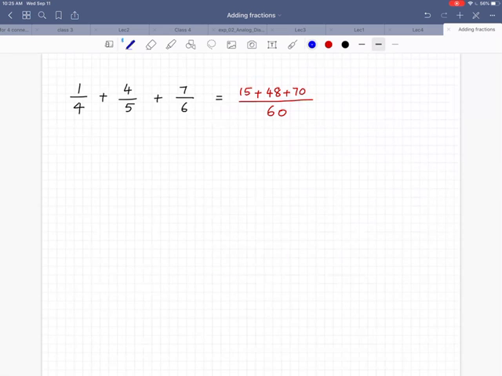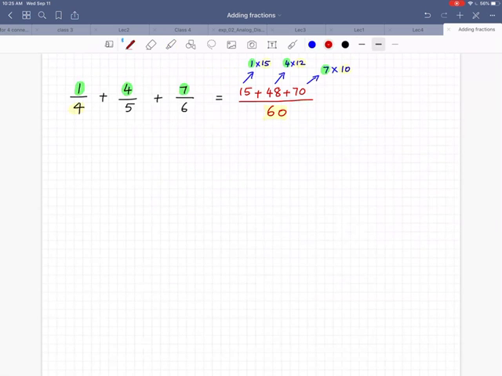And again, I got these numbers by multiplying 1 and 15, 4 and 12, and 7 and 10. I got 1, 4, and 7 because of these numerators, and I got 15, 12, and 10 because 4 times 15 makes 60.